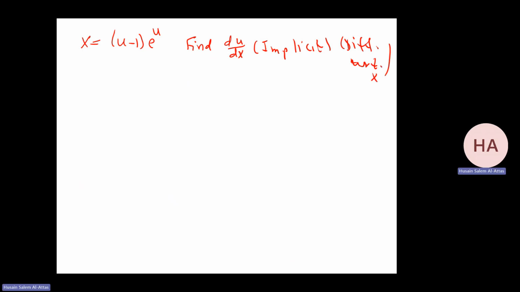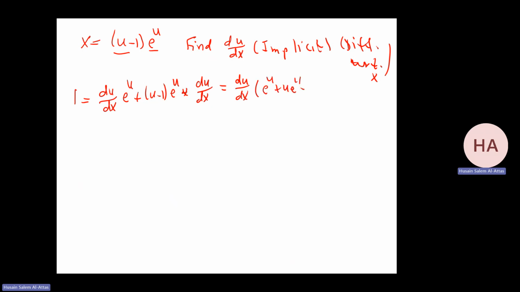What will we get? We get 1 equals, here a product of two functions, derivative of the first du over dx times e to the u, plus the first times derivative of the second, e to the u times du by dx. So that equals du by dx e to the u plus u e to the u minus e to the u. So that will be u e to the u du by dx. So du by dx will be equal to 1 over u e to the power u.